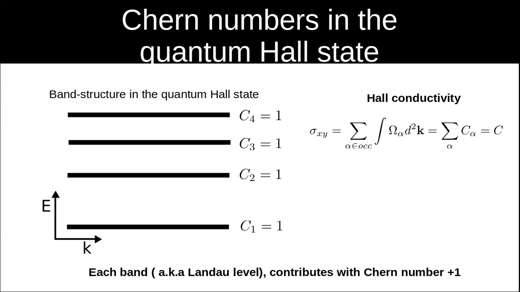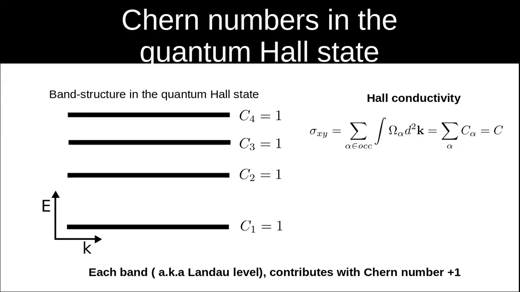What we will see is that we essentially have an electronic structure that consists of flat bands, so bands that have no dispersion whatsoever, and we have different sets of states, for, let's say, the first Landau level, the second Landau level, the third Landau level, and so forth. The most important point of these flat bands is that they are topologically non-trivial, meaning that if you compute the Chern number of a flat band, you get that the flat band has Chern number 1.